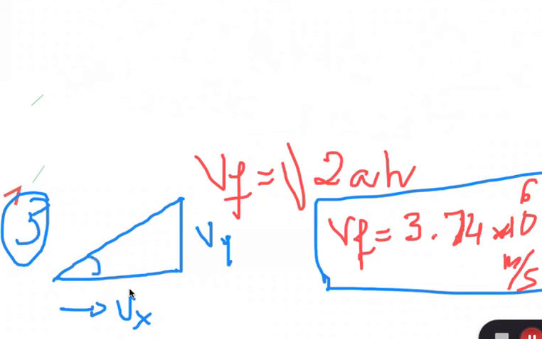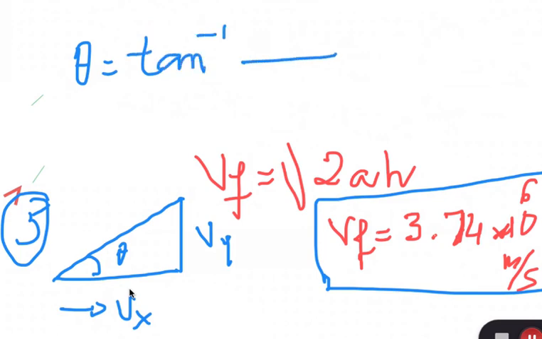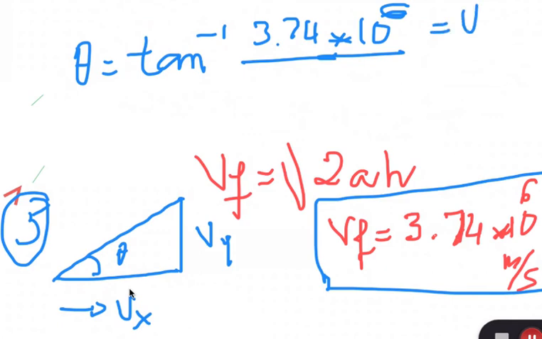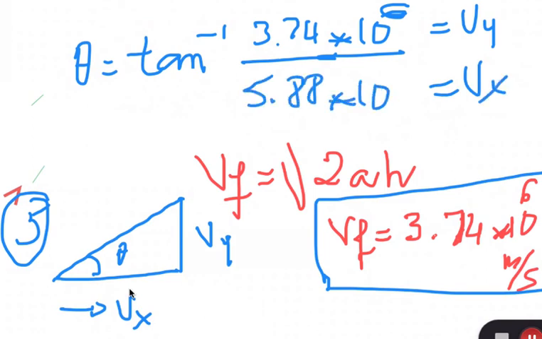Since we are solving for the angle theta here, theta would be the inverse tangent of rise over run, so that would be 3.74 × 10^6 over, that's Vy over Vx, which is given 5.88 × 10^6.